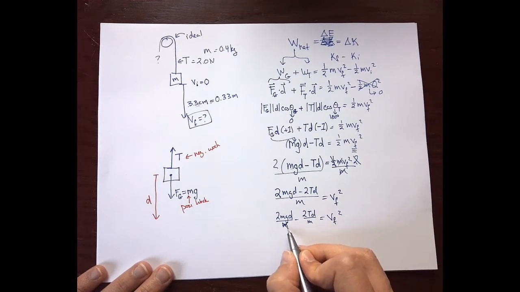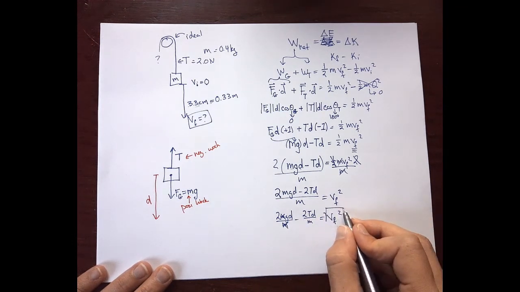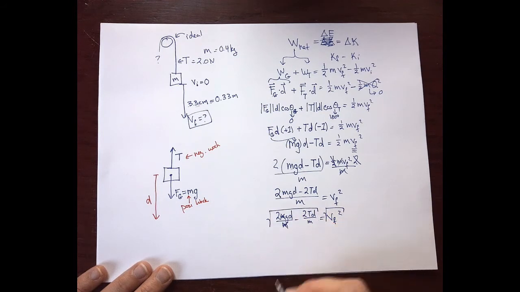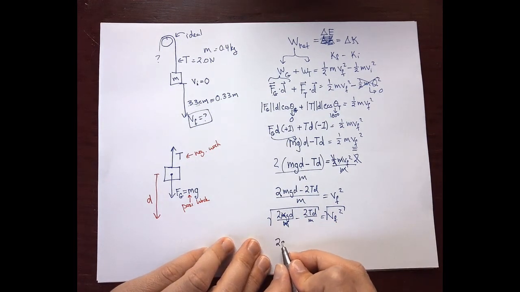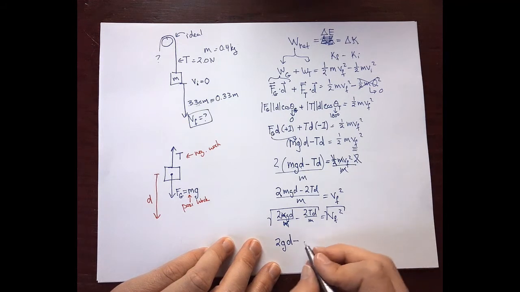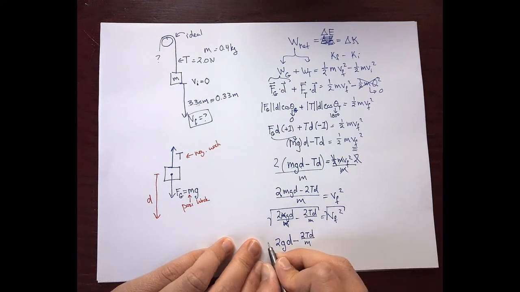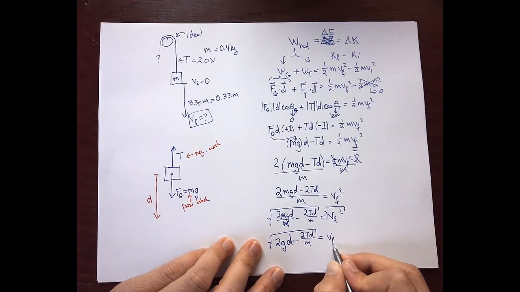All right, now we can cancel this mass because we just have a term with mass up here, but we can't cancel that mass. And we take the square root of both sides of the equation. So we get 2 times g times the difference in height, that displacement, minus 2 times the tension times d over the mass, all of that square rooted, equals the final speed.